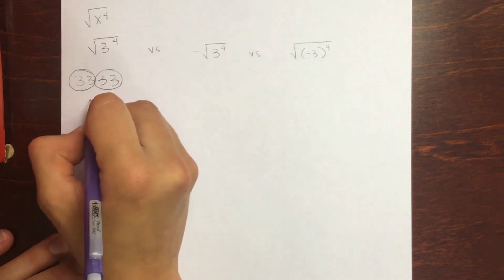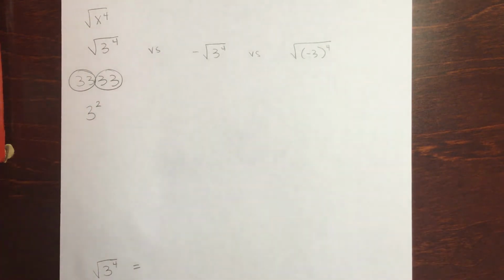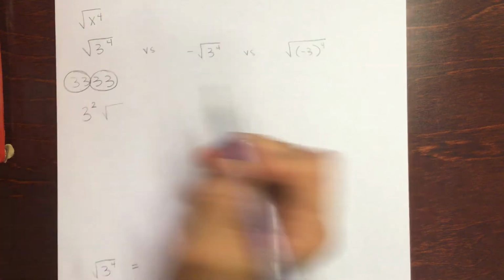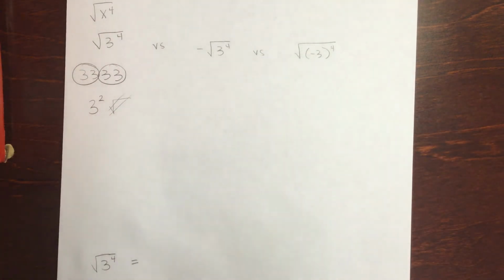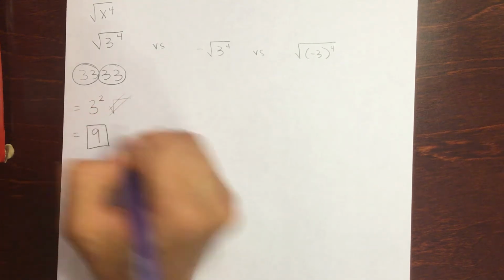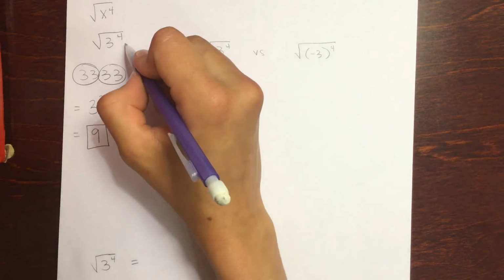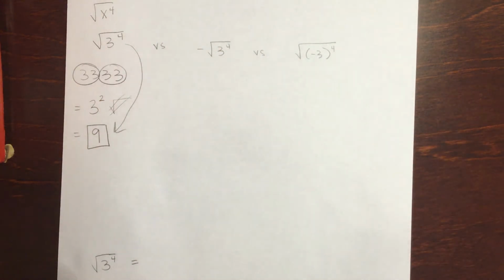So that means that I have 2 pairs of 3's, or 3 squared, that comes in front of my radical, and then there's nothing left underneath my radical, so I don't have to even write it. 3 squared is 9. So this first problem, the square root of 3 to the 4th power, is 9.